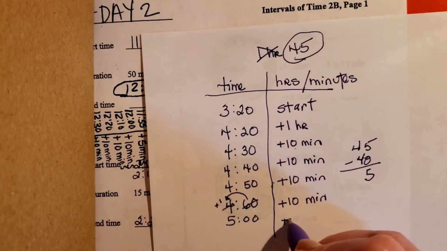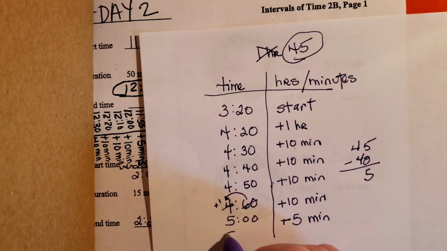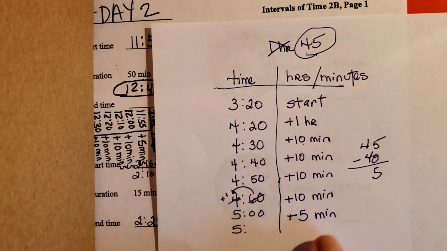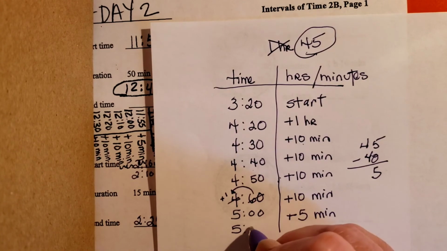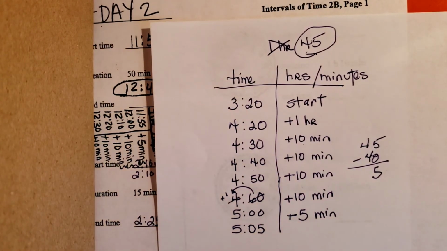So that's exactly what I'm going to add now, plus 5 minutes. My hour will stay the same, even though it's 5 and this is 5. My hour will still stay the same. And 0 minutes, no minutes, plus 5 minutes is 5 minutes. And remember, when it's a single digit, you need to write 05.